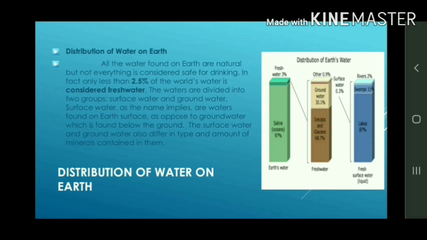The waters are divided into two groups, surface water and groundwater. Surface water, as the name implies, is water found on Earth's surface, as opposed to groundwater, which is found below the ground. Surface water and groundwater also differ in the type and amount of minerals contained in them.